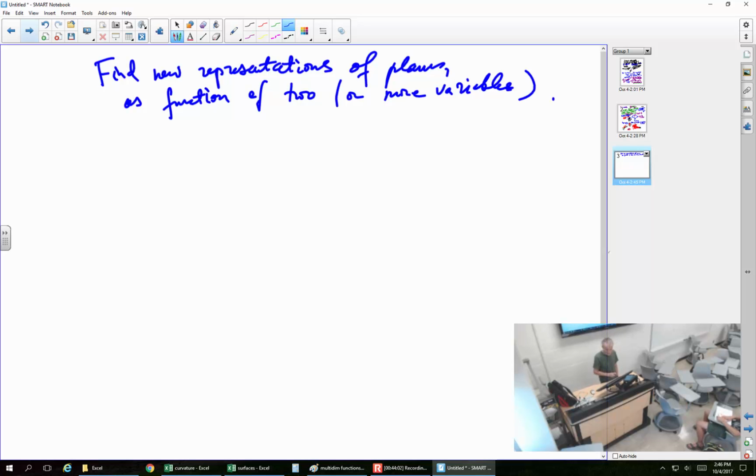Well, the equation is actually quite simple. z is equal to a plus bx plus cy. So in other words, it's an arbitrary linear function.